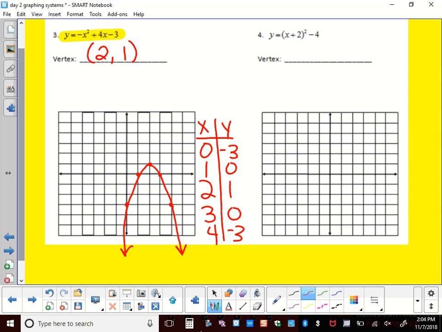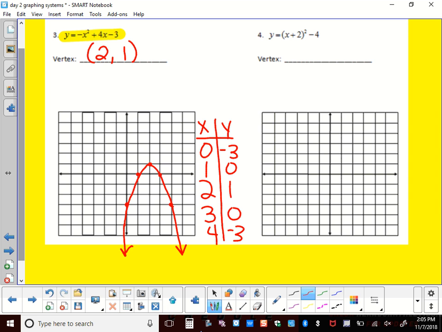That's all we have to do for our parabola, but we have to get points. You're able to just type in negative x squared plus 4x minus 3 and get some points, but you don't know where to start. So you may get points that are all the way down here, or that's only half of the graph. That's why we always start in the middle and we pick 2 above, 2 below.